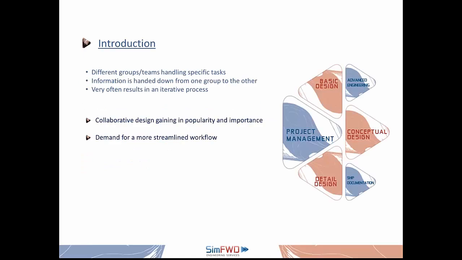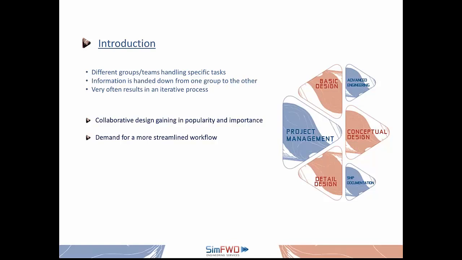Just to introduce the idea, ship design and shipbuilding refer to complex products. Ships are inherently very complex structures, comprised of many systems. So it is evident that different groups and teams need to be there to handle specific tasks.